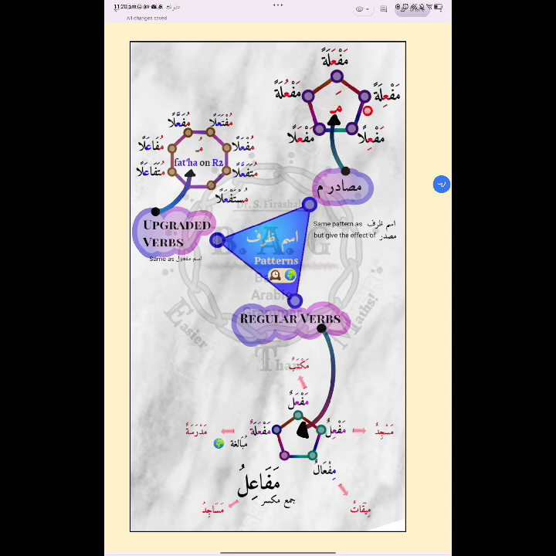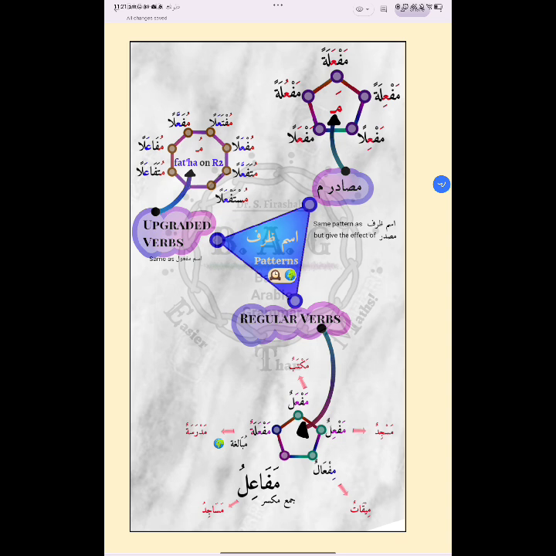So, for example, you've got maf'ilatan, maf'alatan, maf'ulatun, and then maf'alan and maf'ilan. So once these words pop out in front of you anywhere, you're going to make sense out of it, which pattern has been used. Right now I'm not going to tell you to memorize these patterns. It's not important. Just know that these patterns exist.